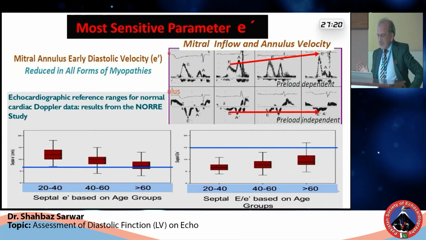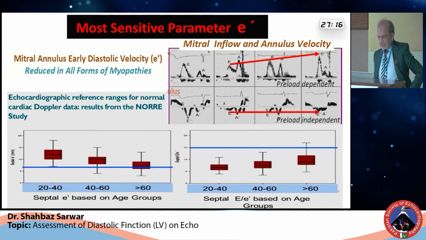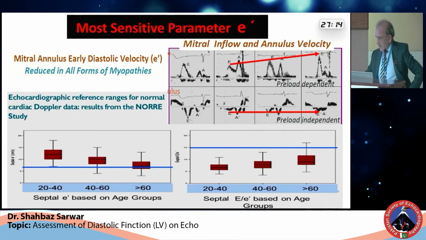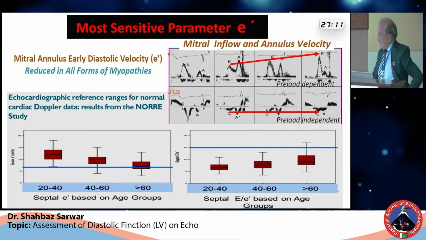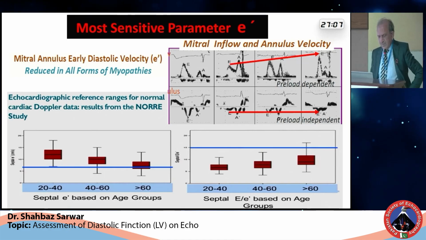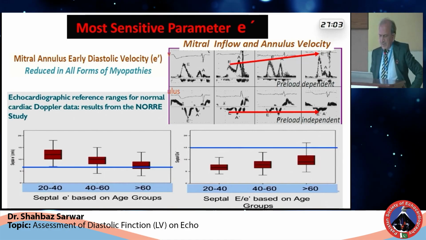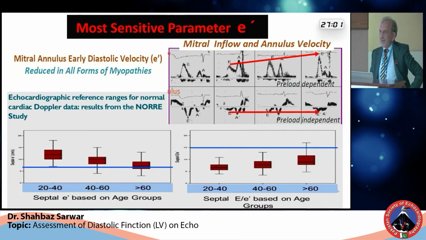And this is based on the Nauru study on which our guidelines were based, and we know that in all the age groups, 20 to 40, 40 to 60 and more than 60, E prime has always been more than 5.